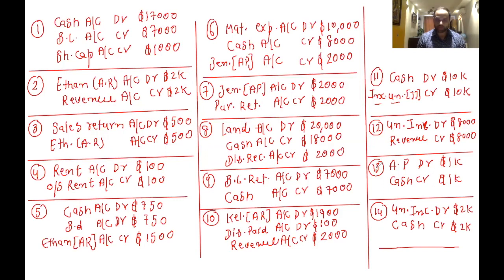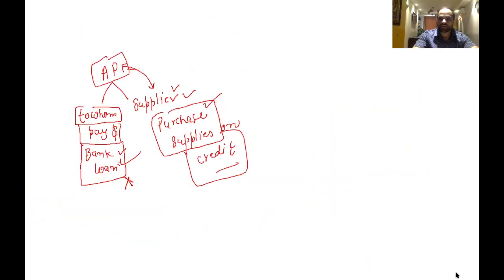Yes. Okay, so let's move on to the next, which is step 3. Step 3 is a ledger. If you have a look, your step 3 is ledger. Another name for ledger is T accounts. So let me explain step 3 of your accounting cycle.